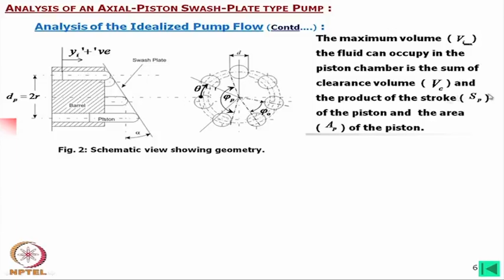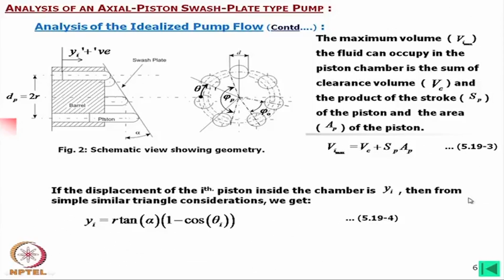So, AP into stroke length is the piston volume the fluid is handling, plus there will be some clearance volume which we name as VC. This is fixed for a construction, but this volume is needed when we analyze the fluid. So, V i max is equal to VC plus SP into AP. Remember, this is for one piston.